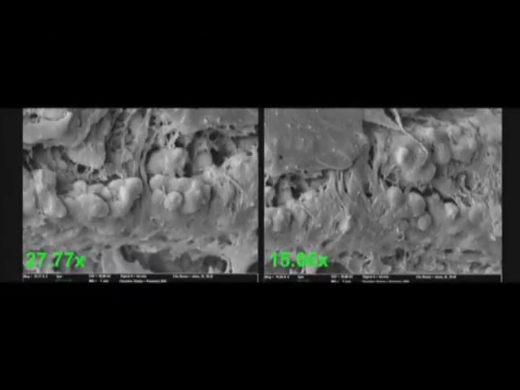Of course, the higher we magnify this, the more impressive it becomes. But all we are looking for is to have 1 millimeter of attachment like this to protect the level of bone and to prohibit the epithelium from migrating.